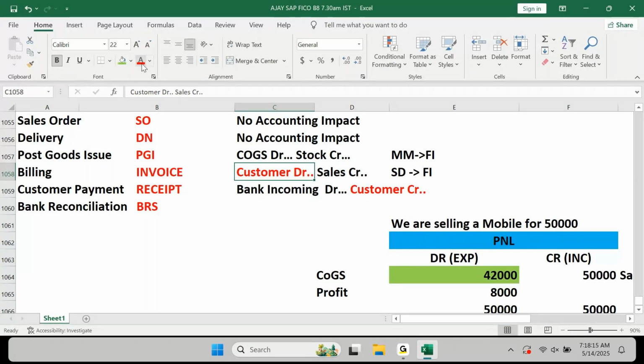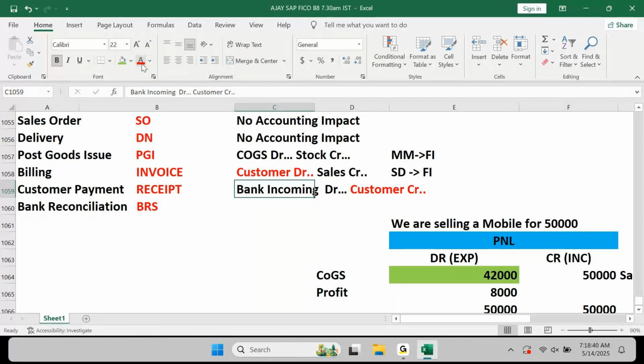This payment I have made on these invoices. Accordingly, you will knock off. That's where you will write the customer receipt entry in which bank account is debited, customer account is credited. This is clearing the customer outstanding, and then it is keeping the amount in the bank incoming account. Why bank incoming account? Now I am telling you I made you the payment.